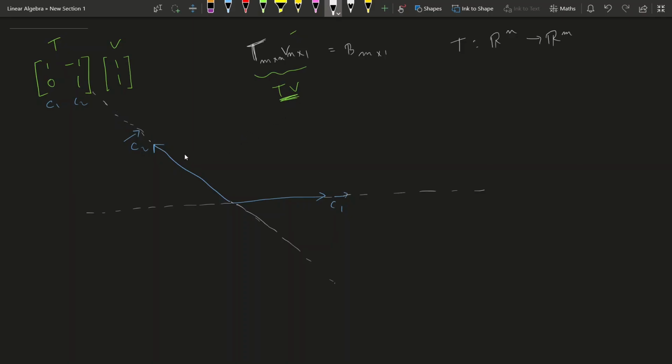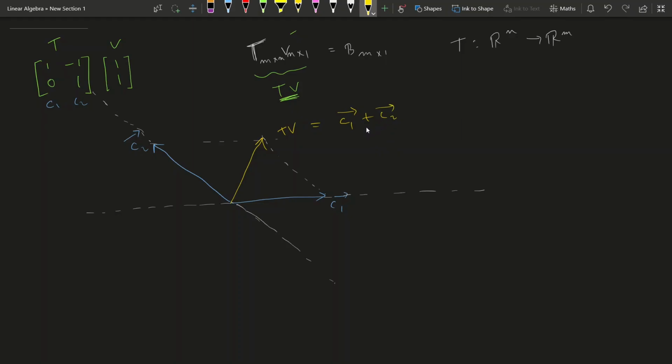And this vector is Tv. Now you can see Tv here by diagram. You can see that Tv is nothing but c1 vector plus c2, right?